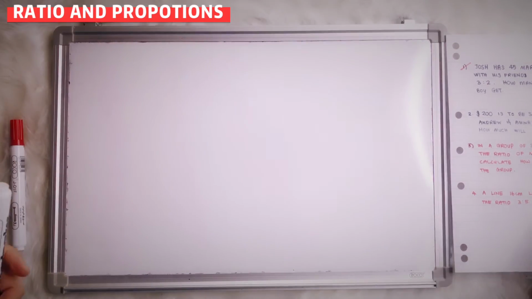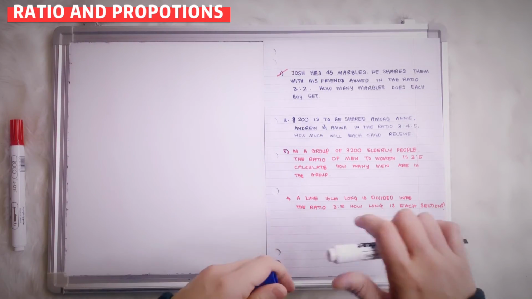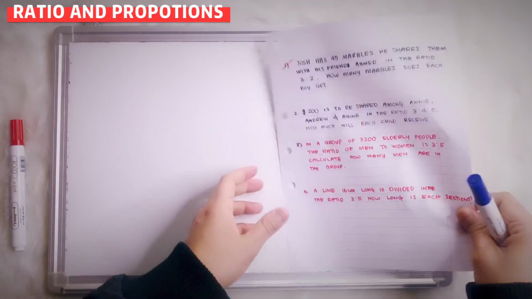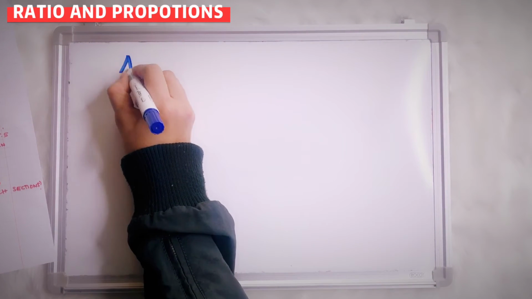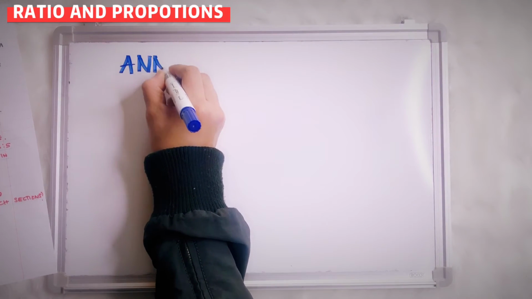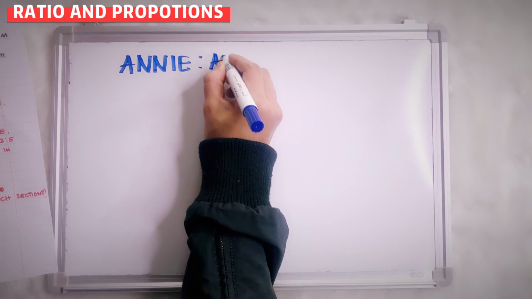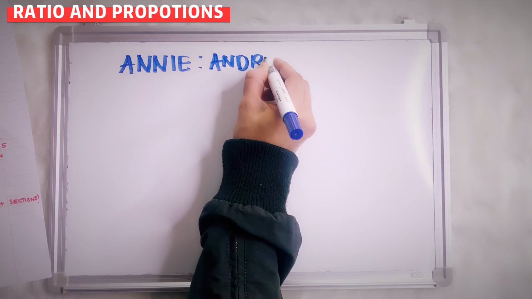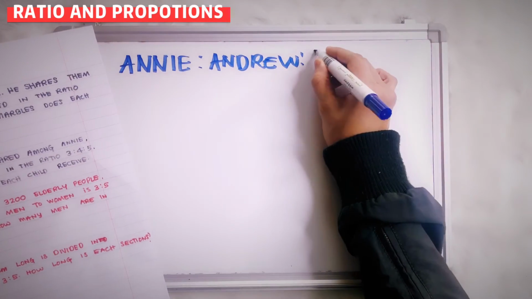Question number 2. $200 is to be shared among Annie, Andrew, and Amina. So write down the names first: Annie, Andrew, and Amina.